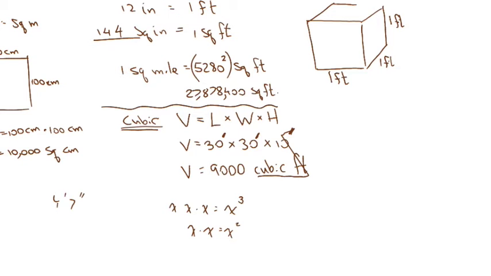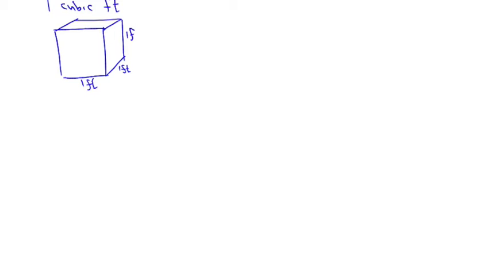So when we're converting cubics, kind of like squares, you have to know how much of one is inside of another. For instance, if I have 1 cubic foot, that would be my nice little cube here. 1 foot on this side, 1 foot on that side, and 1 foot going straight up in the air.